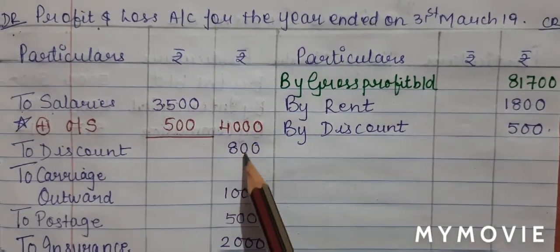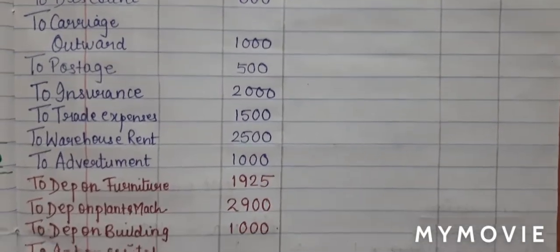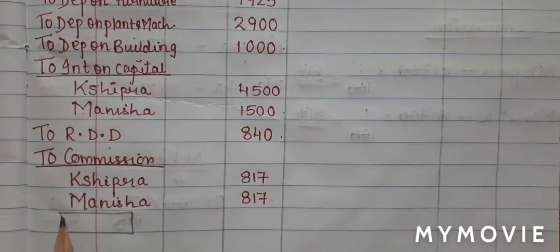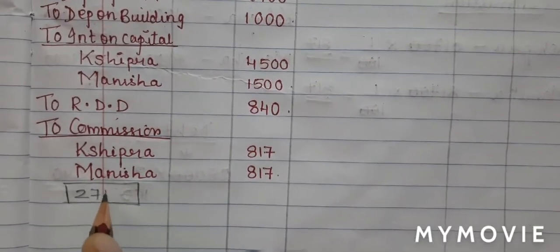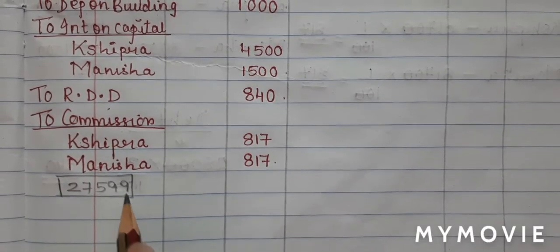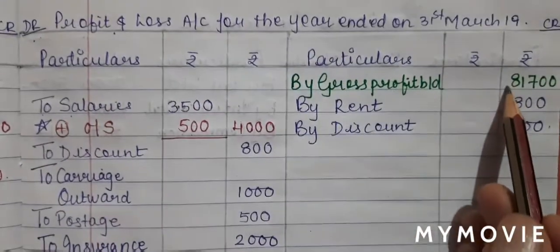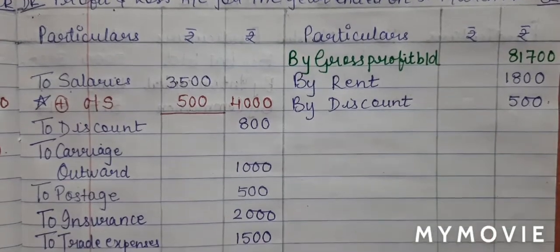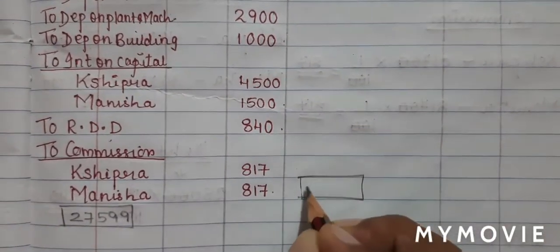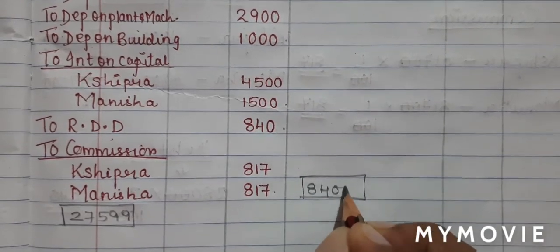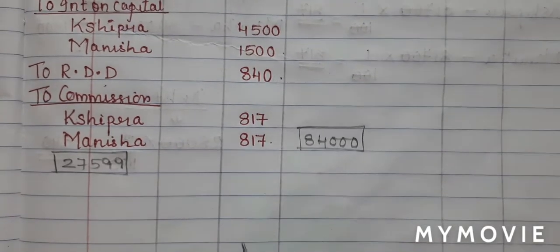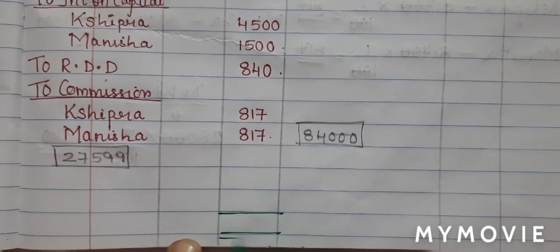Now we will close our profit and loss account. So when we total our debit balance of profit and loss account, we get a total of 27,599. And in the same manner, when we total our credit balance, I get a total of 84,000. Now students, in the same ledger format, we will double underline on both the side.